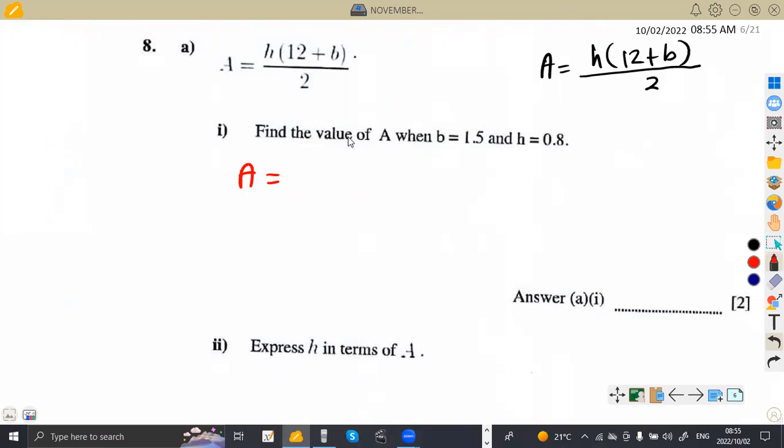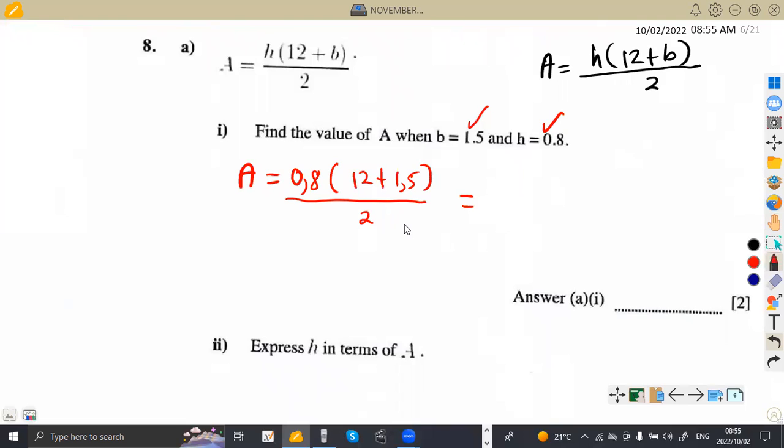A is equal to H, and your H is 0.8. So this is 0.8 into 12 plus B, and B is 1.5.